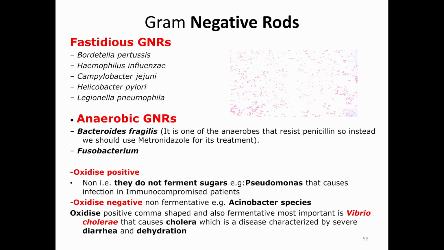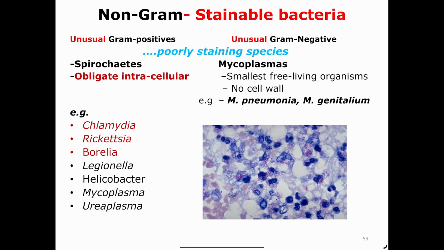And the most important example, we have Vibrio cholerae that causes cholera. As we know, cholera is a disease which is characterized by severe diarrhea and vomiting. And so these are all examples of gram-negative rods.